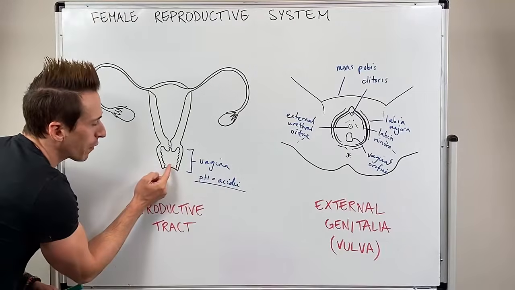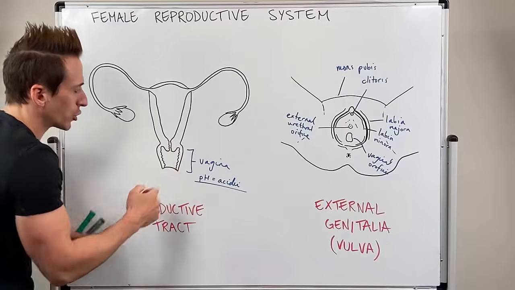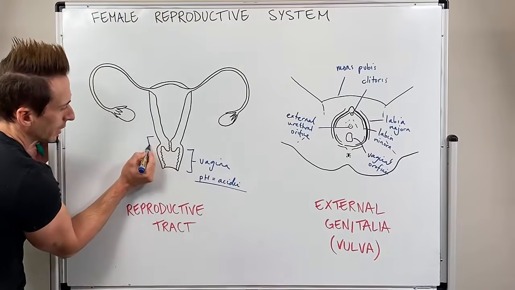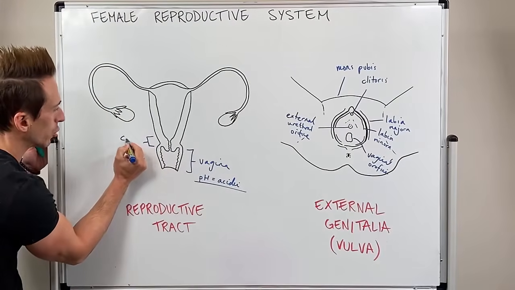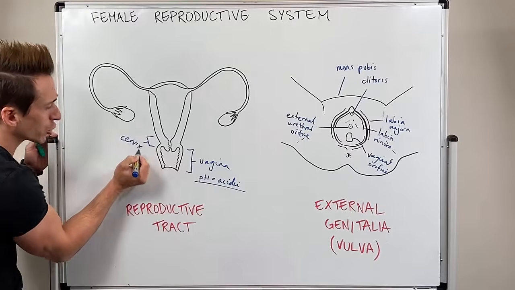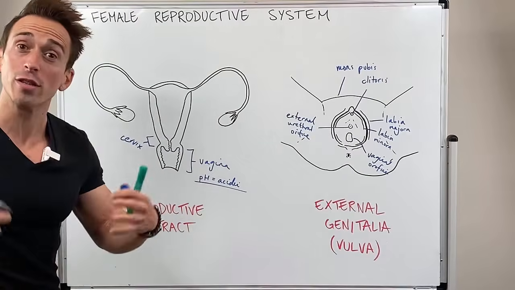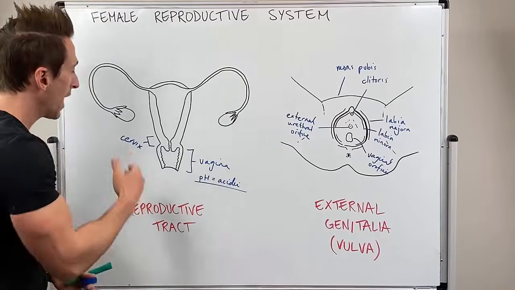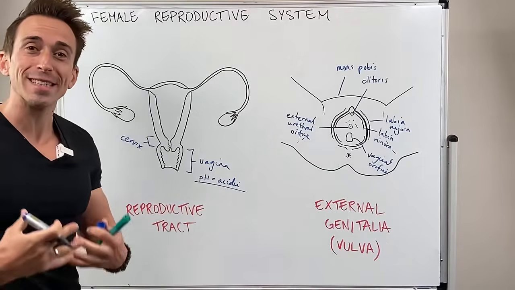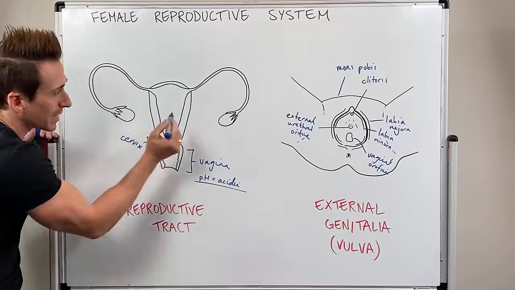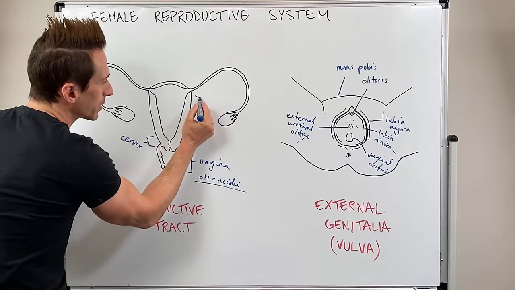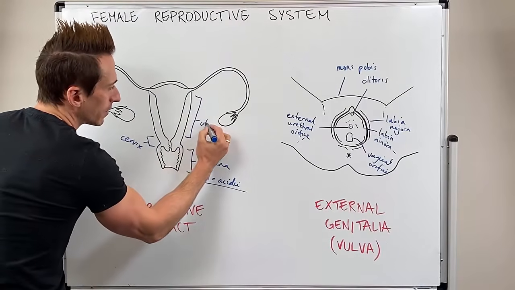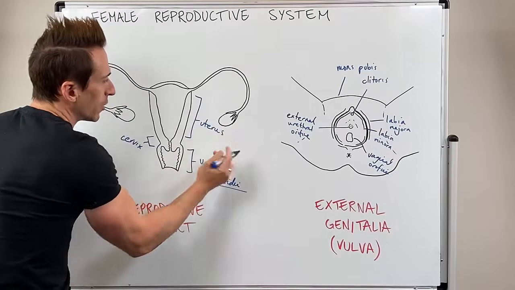Now, as we move from the vagina, we get to that of the cervix. Cervix, or cervical, you've probably heard of being referred to as the neck here. And that's what cervix means. Cervix means neck because the cervix is the neck of the uterus, which we have here.